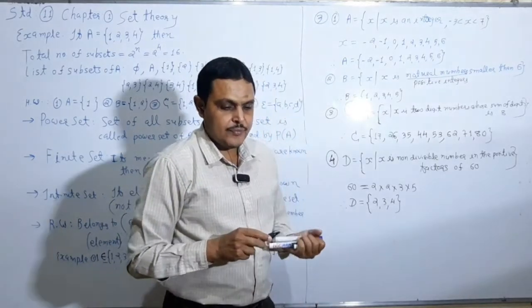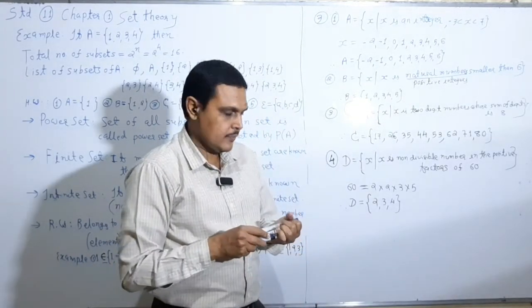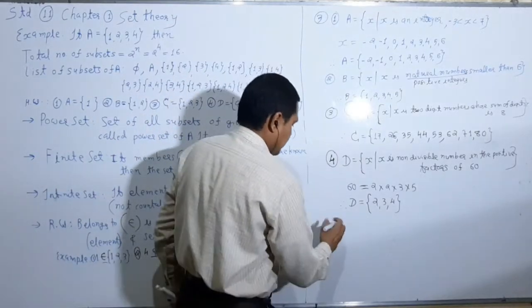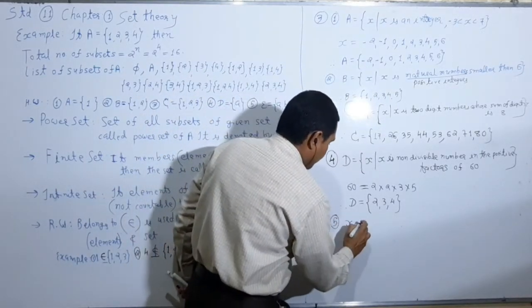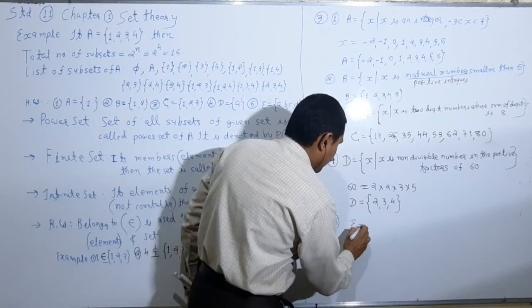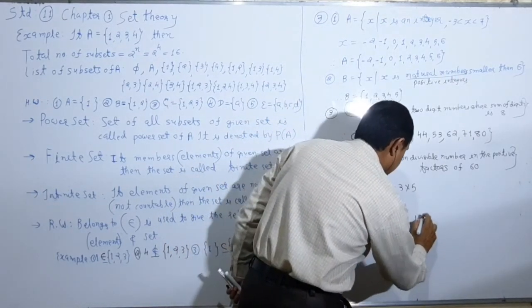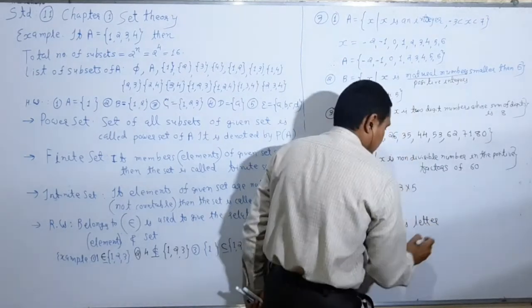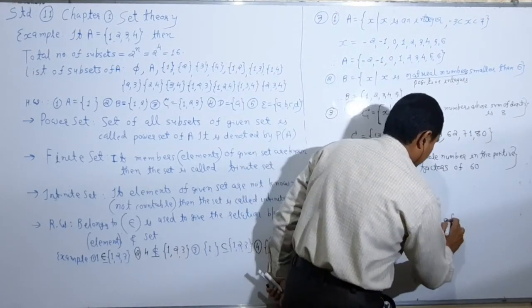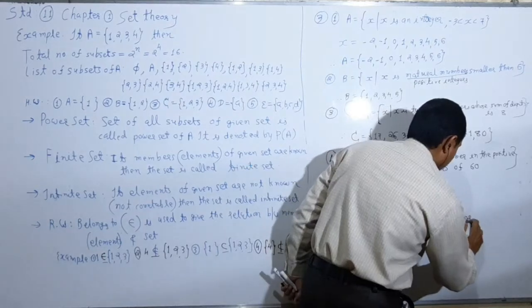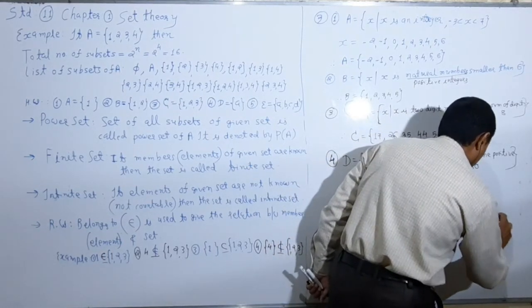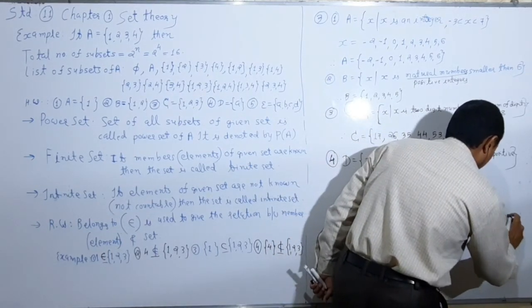Now the fifth question is E is equal to x oblique, x is a letter of the word trigonometry.